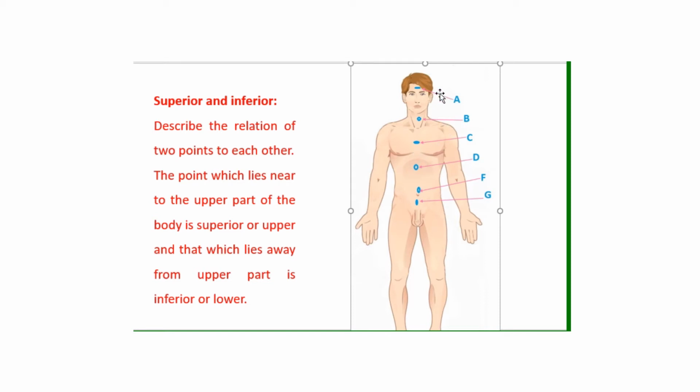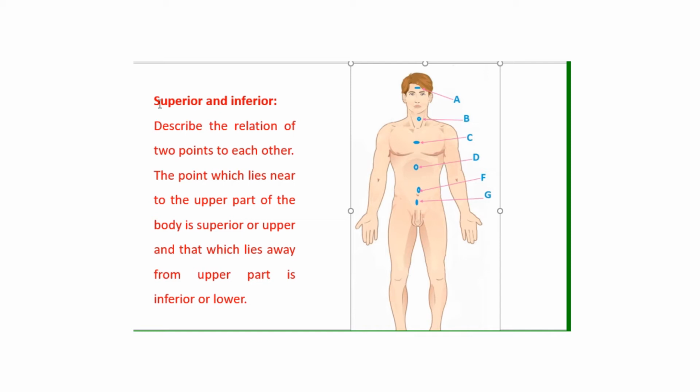But if inverted upside down, no. In the anatomical position, point A is superior to point B. Point B is superior to C. Then superior and inferior are terms used to describe the relation of two points, or more than two points, to each other.